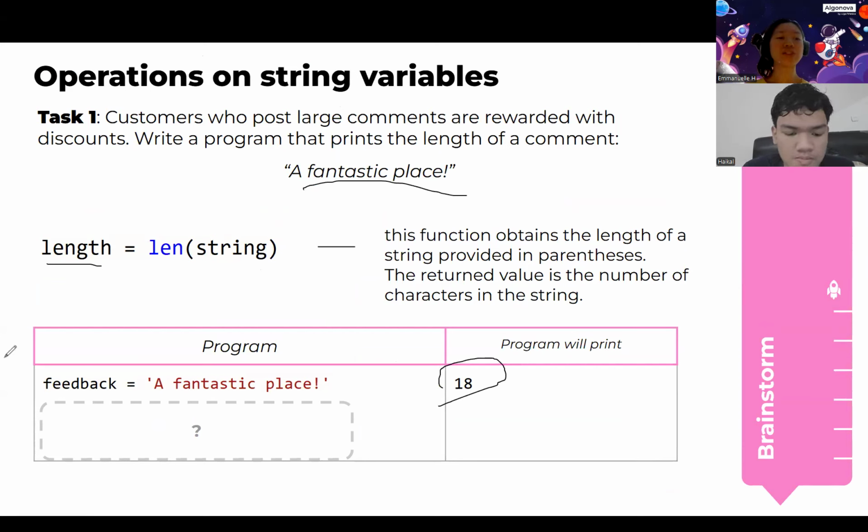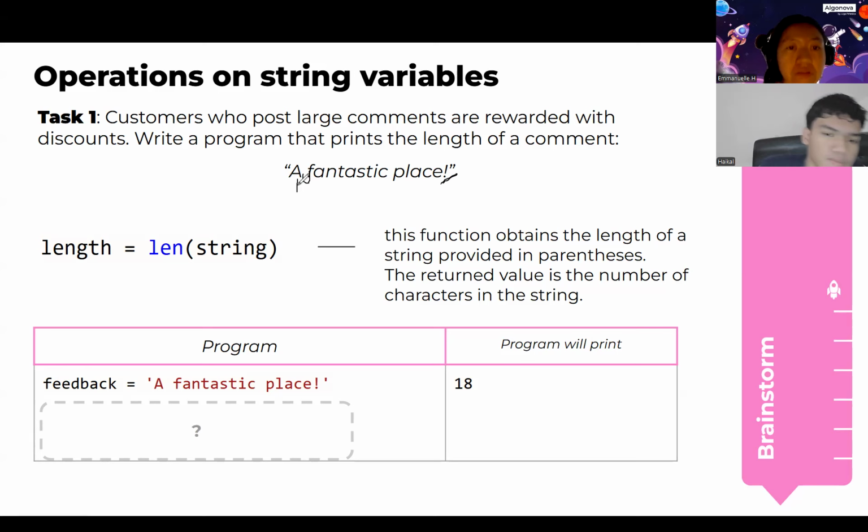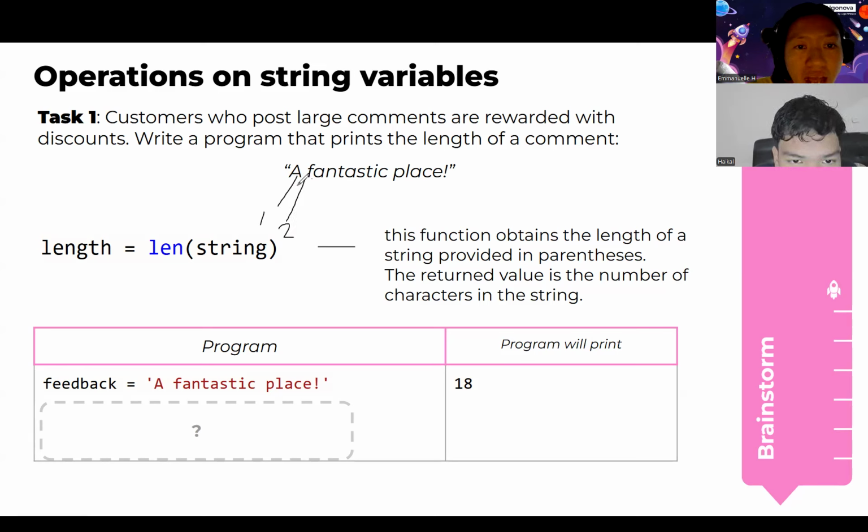Why is it 18? We start counting from A, including the space, until the exclamation mark. How many characters are here? The space is also counted. Space is 2, F is 3, and we continue.